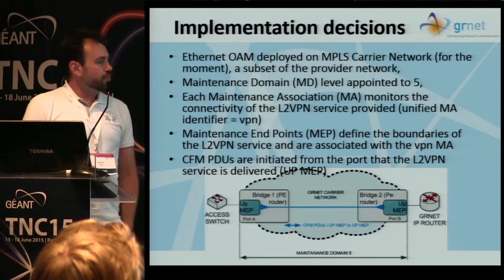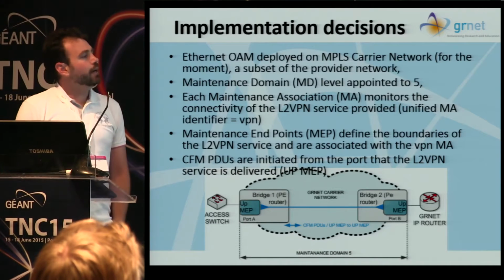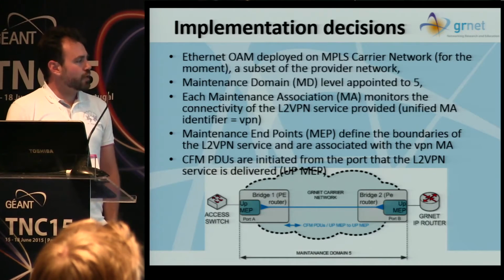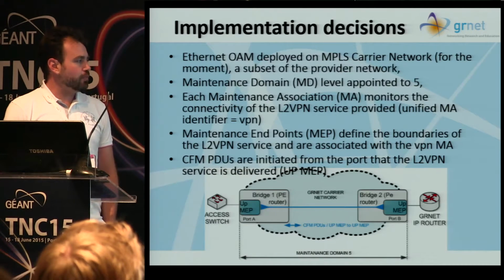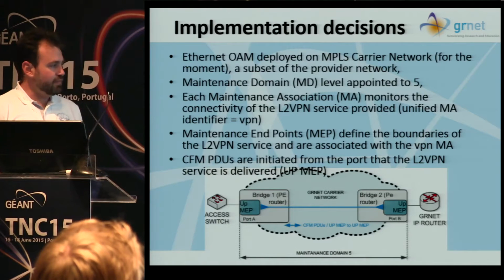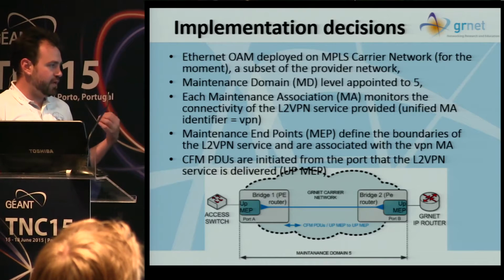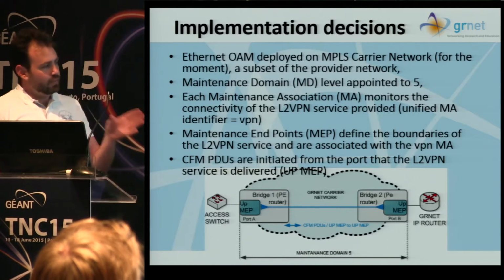This picture provides an overview of what we measure actually. This is a PE router close to the access switch of our customer. We measure from this point, namely from the customer-facing interface, up to the other end interface.